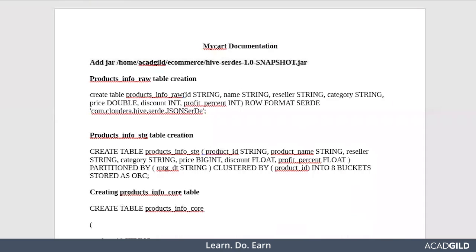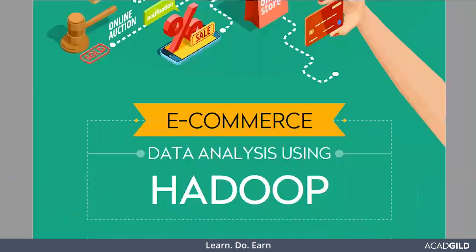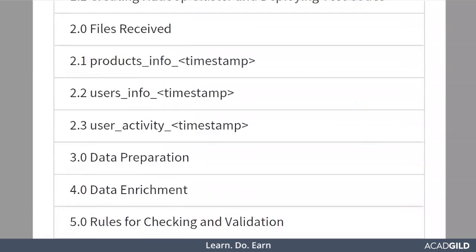in our last session, I told you that there are 3 different tables. One is product info, another is users info, and users activity. These are the basic tables that should be there.